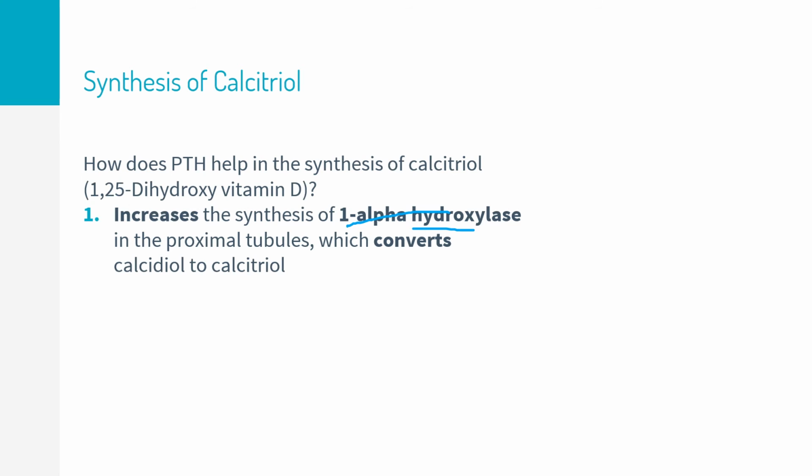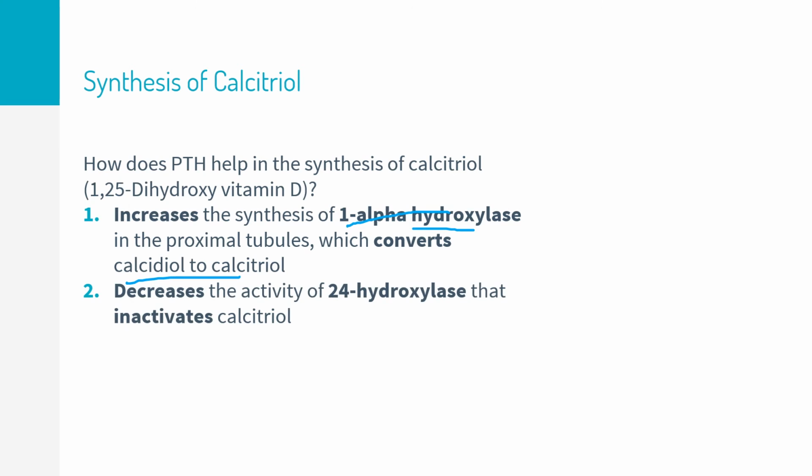This enzyme converts calcidiol into calcitriol, or the inactive form of vitamin D into an active form. And PTH also decreases the activity of 24-hydroxylase, which inactivates calcitriol, or the active form of vitamin D.